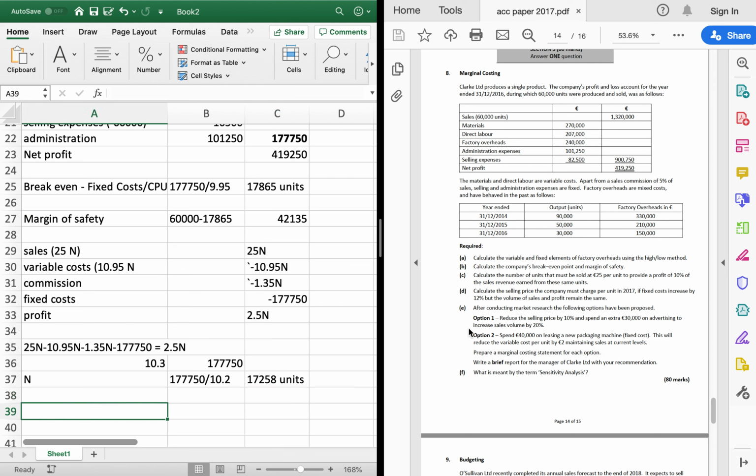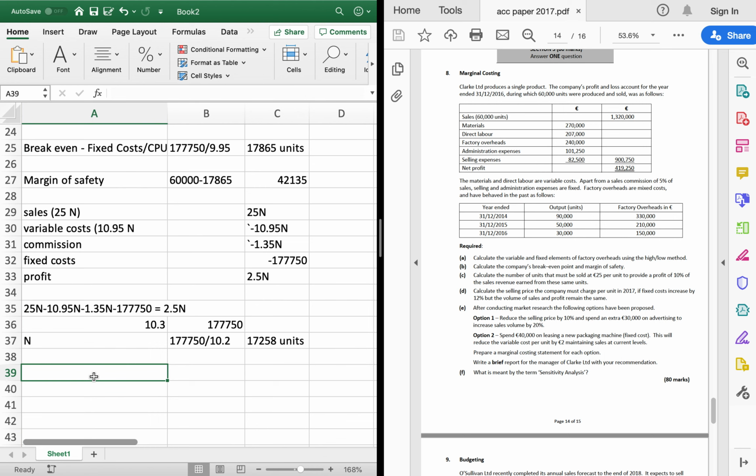All right. Part D, calculate the selling price that must be charged if fixed costs are increased by 12%, but the volume and profit remained the same. So this time the price is what we're trying to find out. So the volume remained the same. So sales is 60,000 multiplied by the price we need to find. So 60,000p.